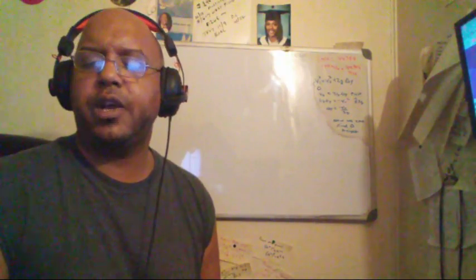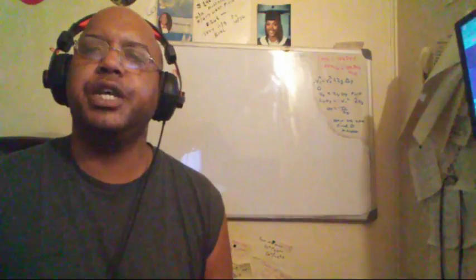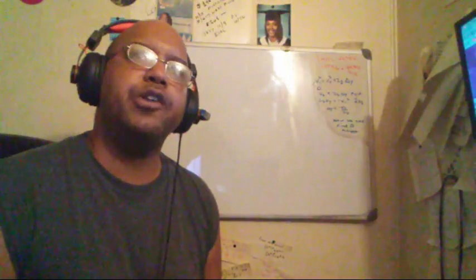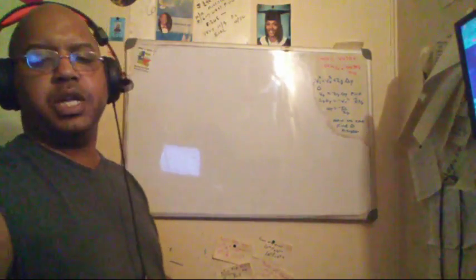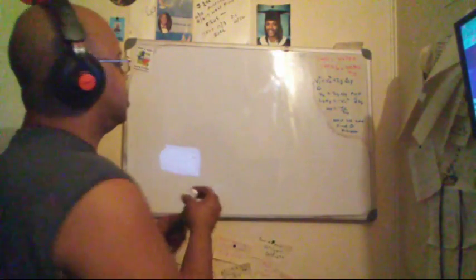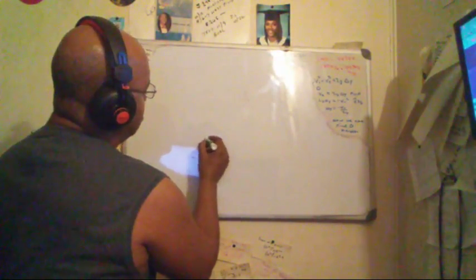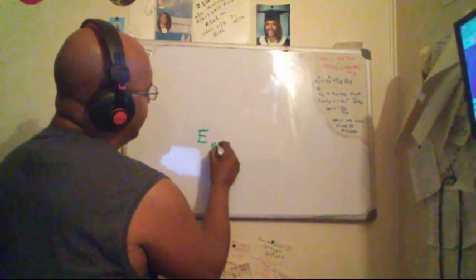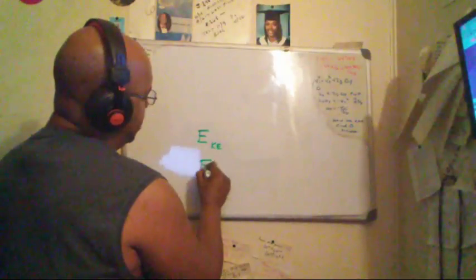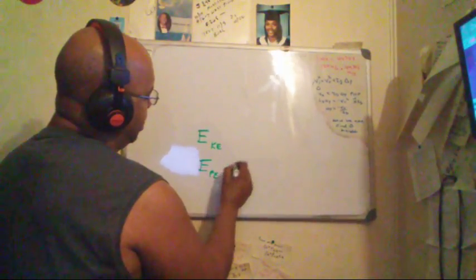So kinetic energy is a part of total energy. Kinetic energy plus potential energy equals total energy. We would describe it as E for energy, KE for kinetic, and potential energy would be PE.